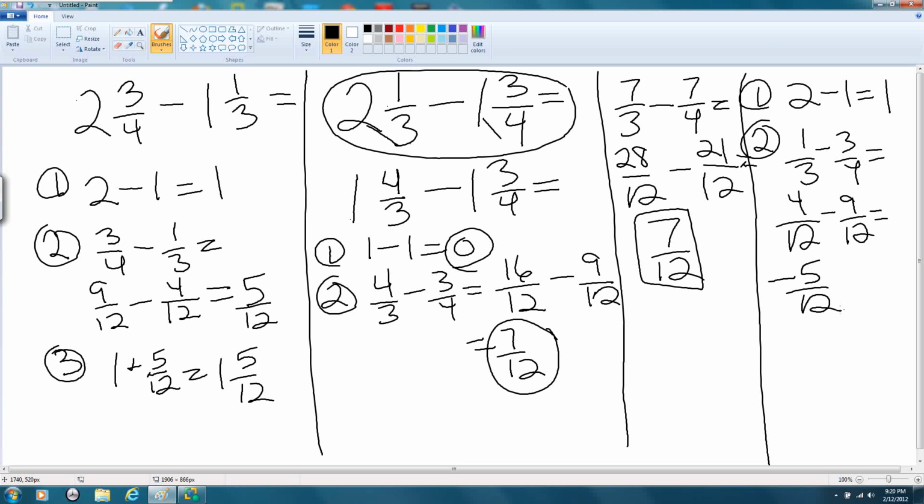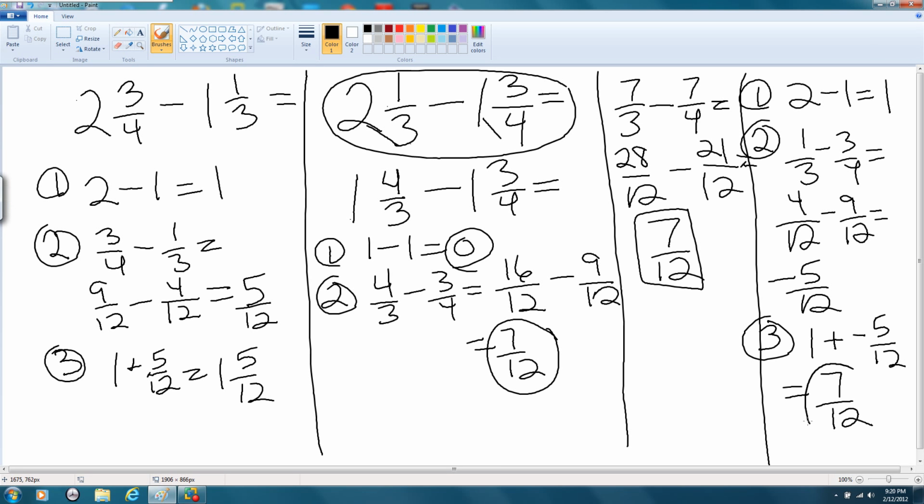We're then going to add the two parts together. So we get a 1 plus a negative 5 twelfths. You could either convert the 1 to 12 twelfths now if you wanted to, or just think about it, and you're going to figure out that that is going to be equal to 7 twelfths.